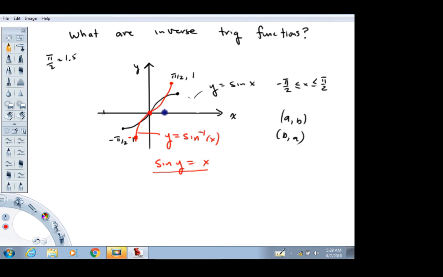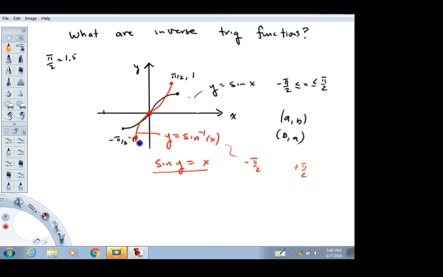This is going to go to the right by an amount pi over 2, to the left by an amount pi over 2. So this function has a restriction on its domain from minus pi over 2 to plus pi over 2. So the inverse sine function is only defined from these angles, minus pi over 2 to plus pi over 2.